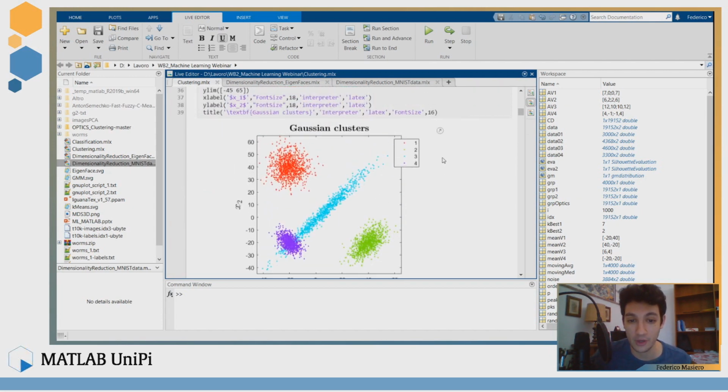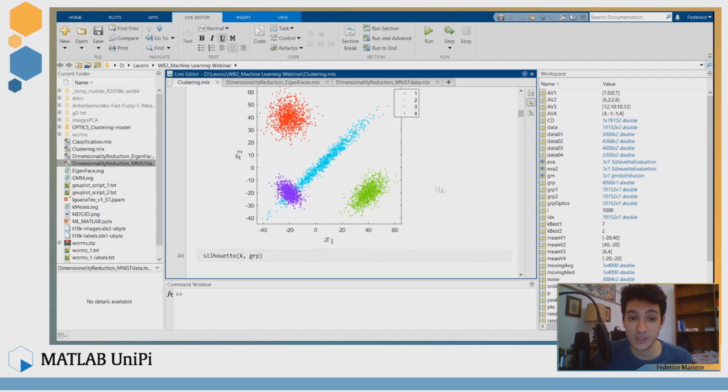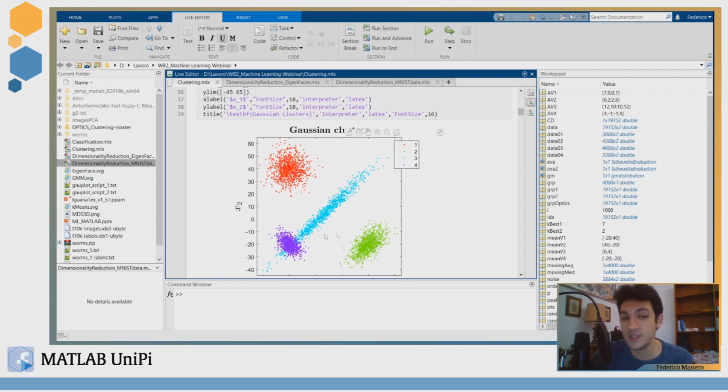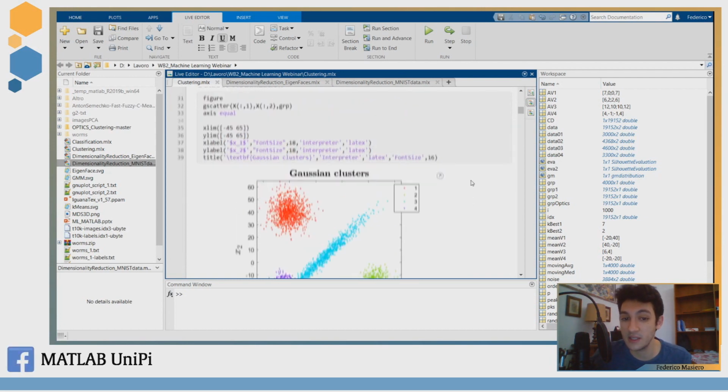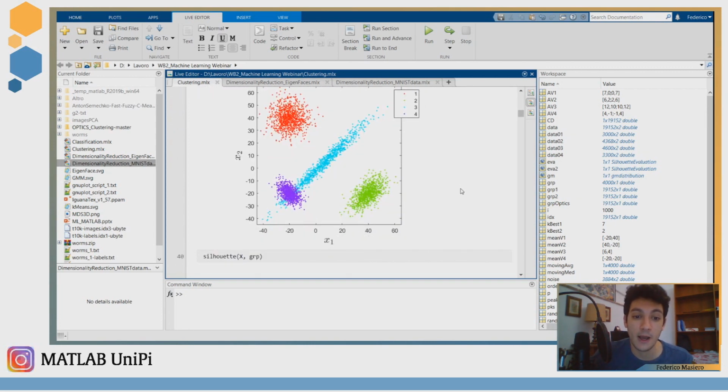I want to show you a funny thing that is the following. In this case, since we have synthetic data, we also have the ground truth, which is represented by this plot, and we may decide to use the silhouette function to understand the values of the silhouette coefficients in the case of correct assignment of each point of the dataset.